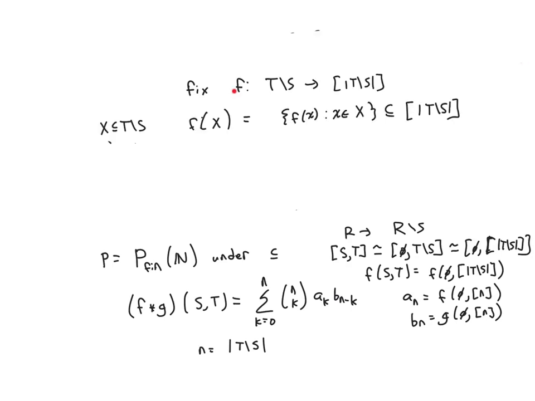If you fix a bijection from T take away S to the subset of positive integers 1 through the size of T minus S, you know such a bijection exists because that's the cardinality of this set. Then given a subset X of T take away S, define f of X to be f of little x for all the elements of X. This in fact is a subset here. And you can go backwards by using the inverse of this bijection, and these two intervals are isomorphic.